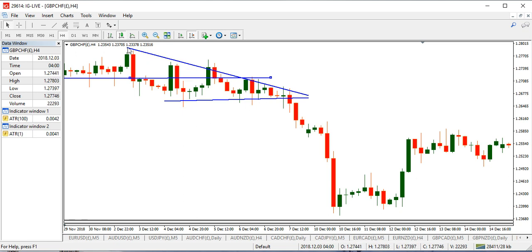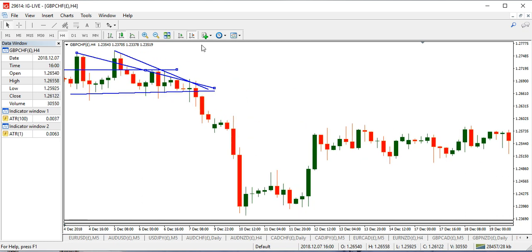So you probably wouldn't take it that far back. To be fair, you'd probably be going to about here, where the compression starts and it really picks up on this, gets really steep here, then you're going to be looking for your breakout along here, which happens here, bang, down, price goes down.